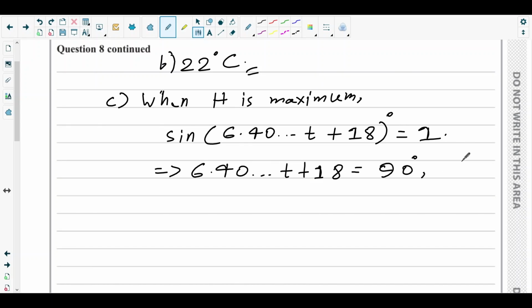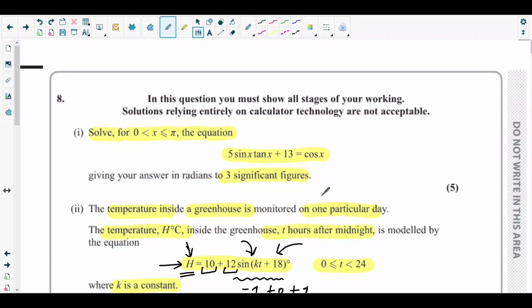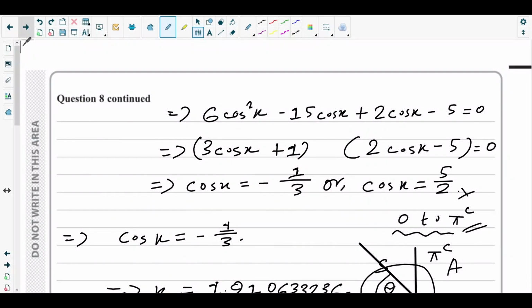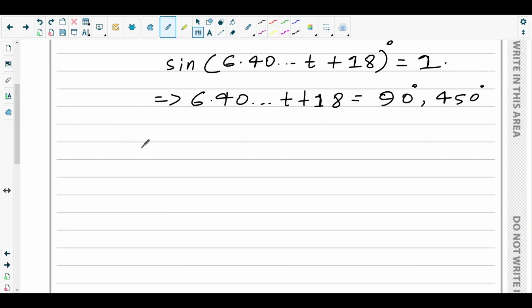Another one is, we know that the graph of sine theta repeats after each 360 degrees. 90 degrees plus 360 degrees gives you 450 degrees. So there are a lot of possible values for t, but we have to consider the given range. The value for t should be between 0 and 24. So we will consider that range while finding the value of t.